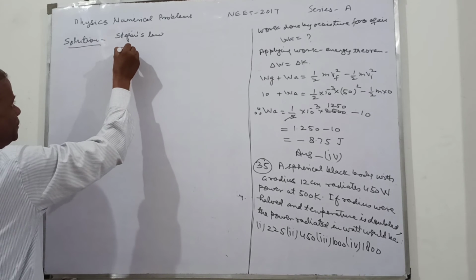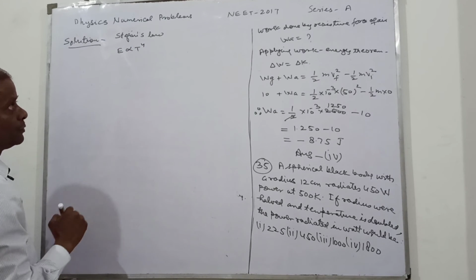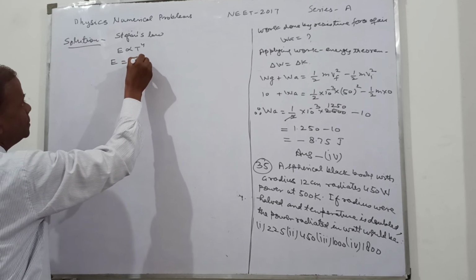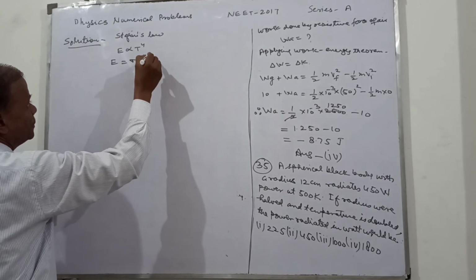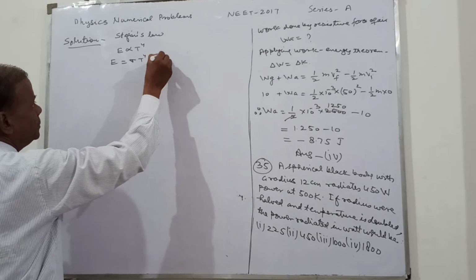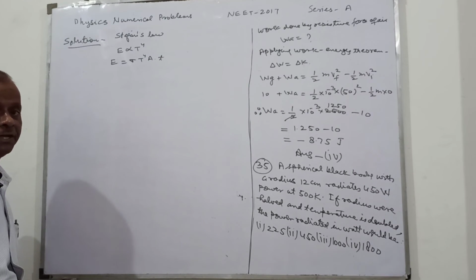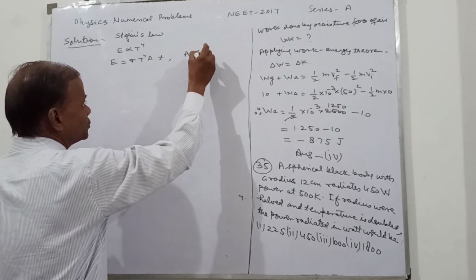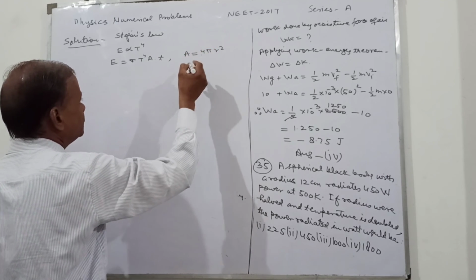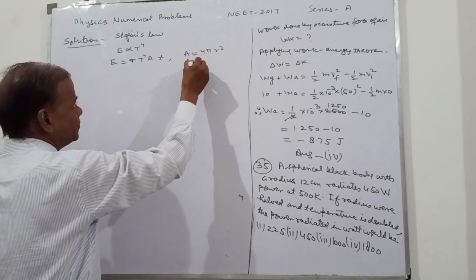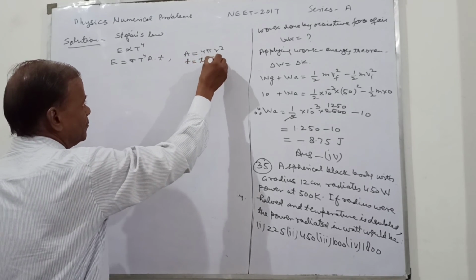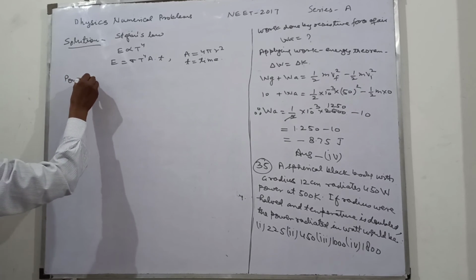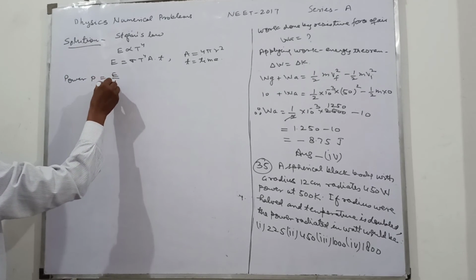E is proportional to T to the power 4. So E equals sigma T to the power 4 into A into t. A is the area, and for a spherical object it is 4 pi r square. t is the time, so power is E upon t.